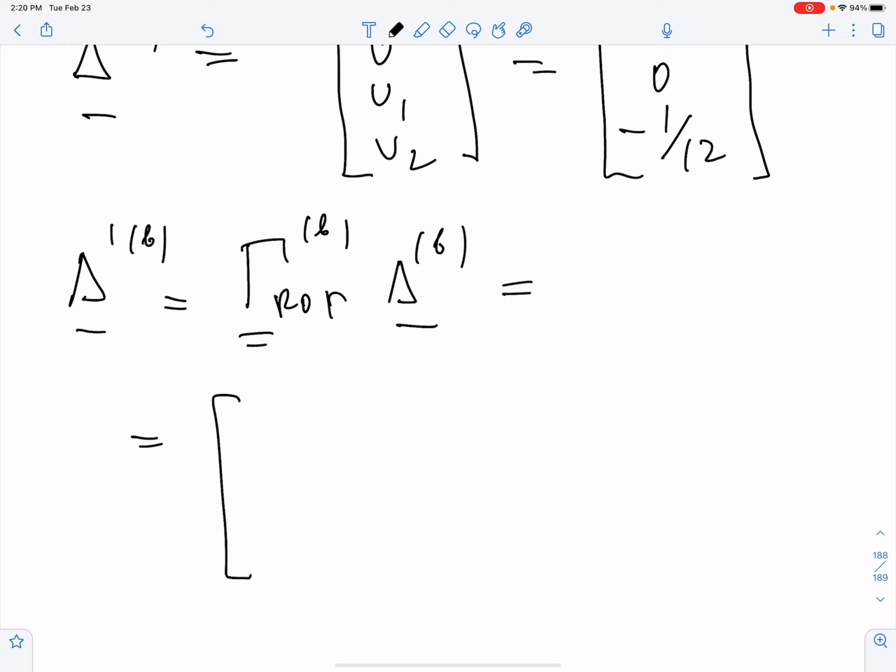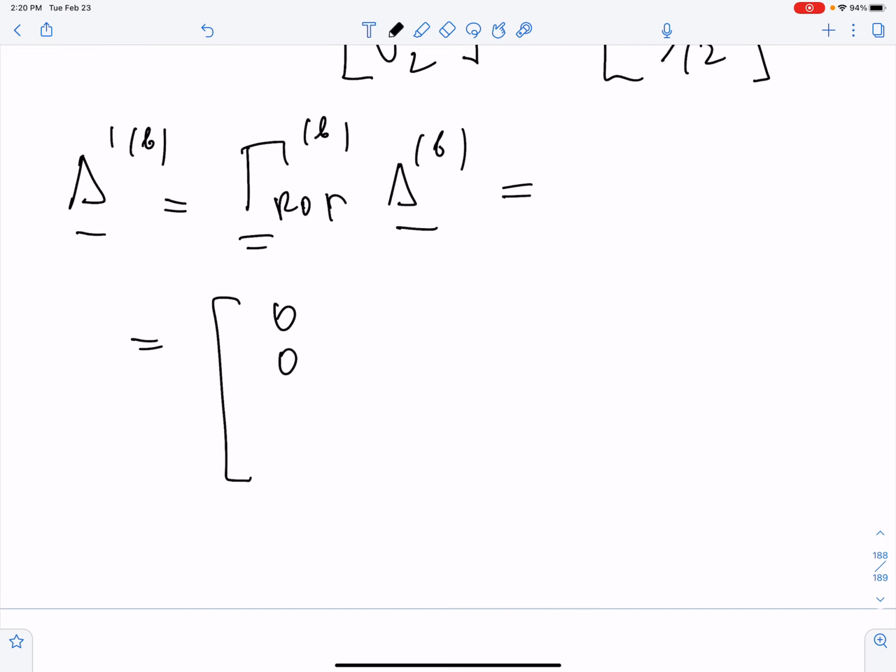Equals 0, 0, the boundary conditions, no surprise, right? This is a restrained node, it cannot move. And minus 0.05, minus 1 over 15, okay? This is my displacement.